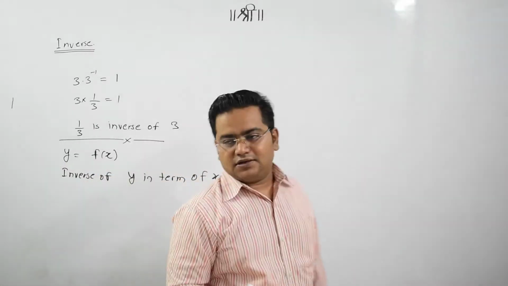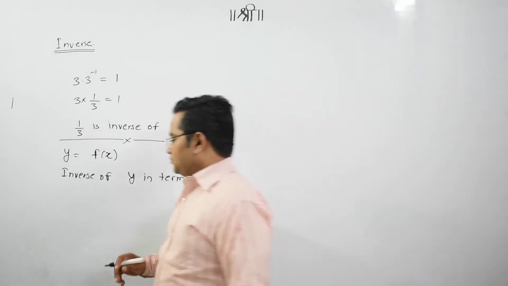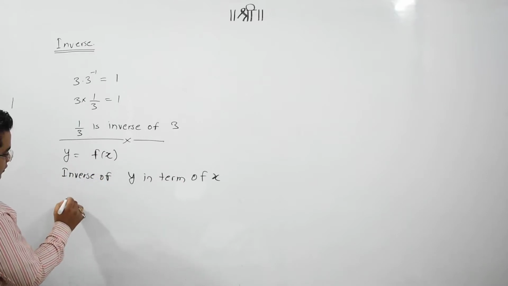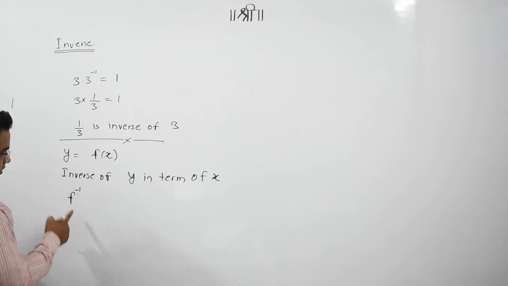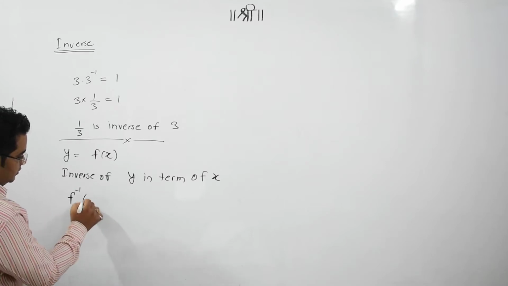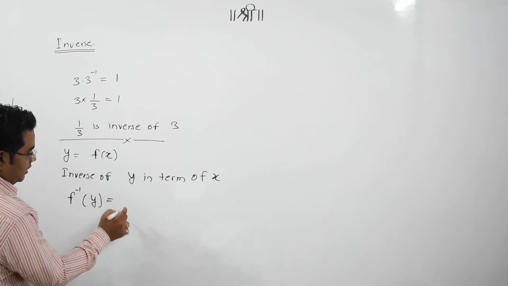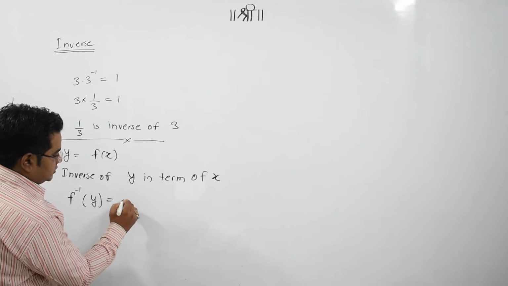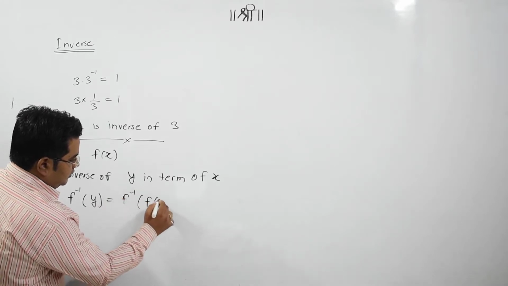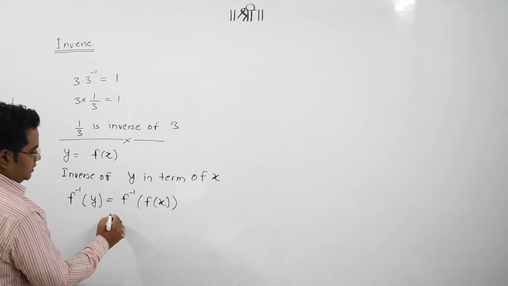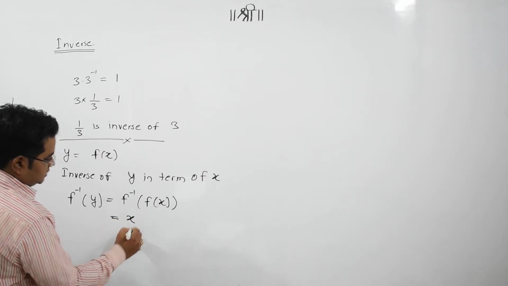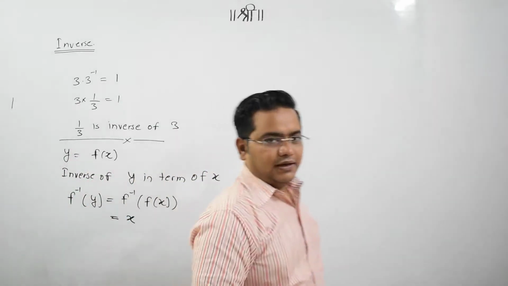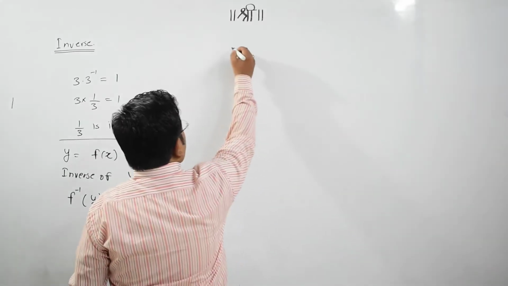In terms of x, if we are finding the inverse, then we need to perform the reverse operation on f of x. This reverse operation is known as the inverse function of this y. So you will get this x again. Common sense says f inverse of f of x will again give you the important parameter x. So this f inverse acting on this particular function will give you that x.